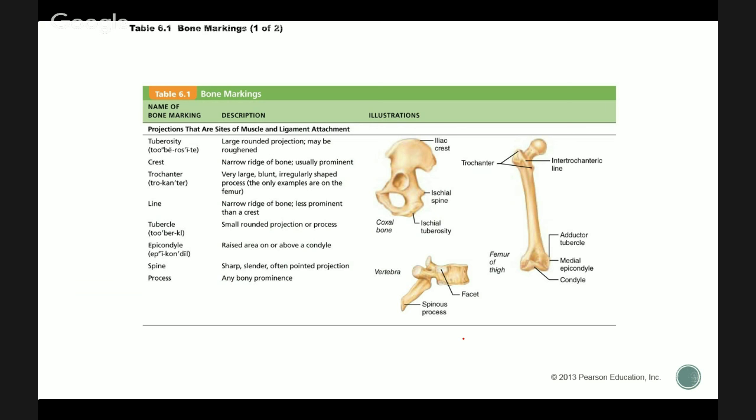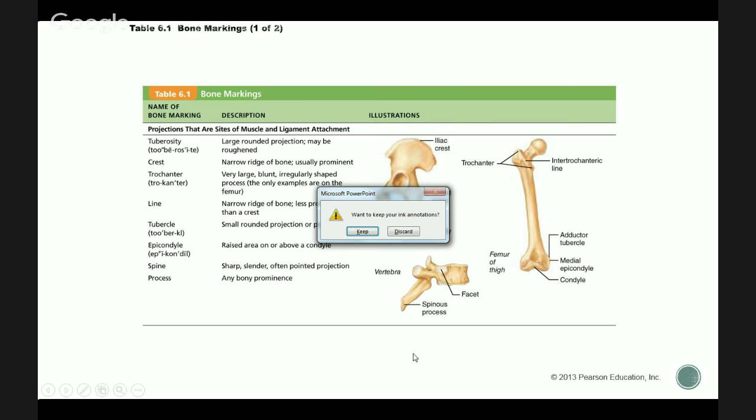On bones, I'm going to pull out a bone here. I'll pull out several bones. Let me just grab my projector here so I can show everybody at the same time.